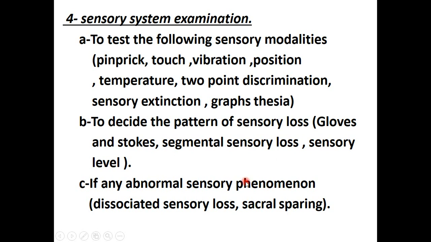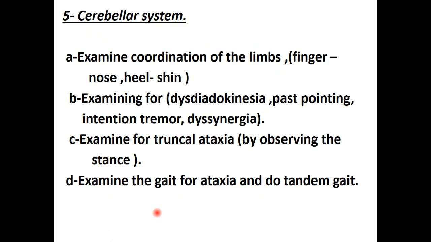If any abnormal sensory phenomena: first we examined sensation, we see if he has a glove and stocking pattern or a sensory level, and then any abnormal sensory phenomena such as dissociated sensory loss or sacral sparing, especially in certain diseases.